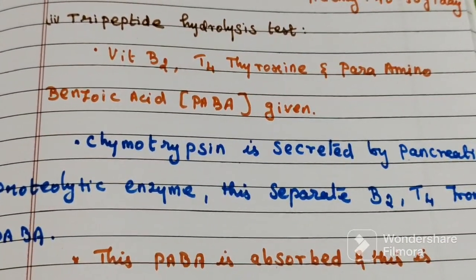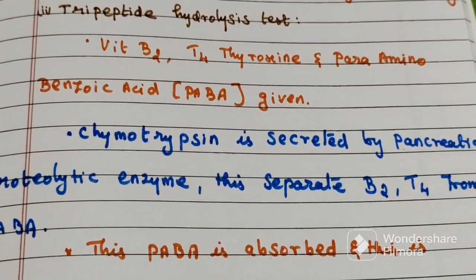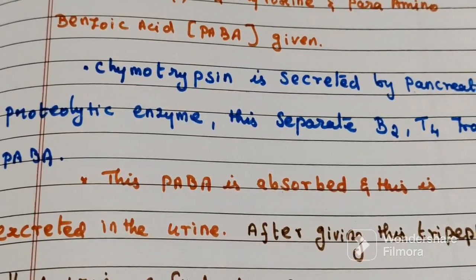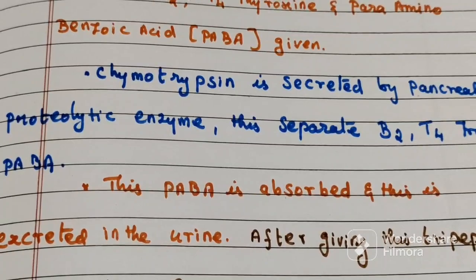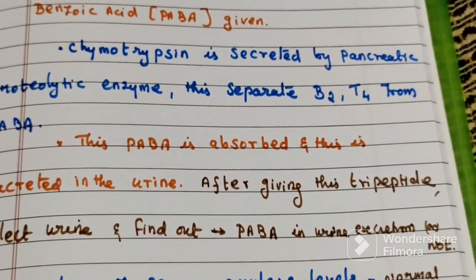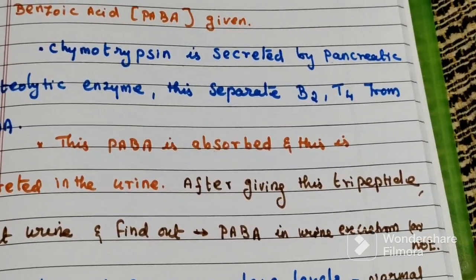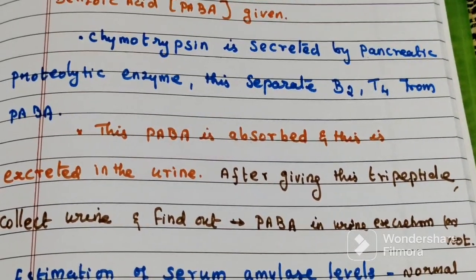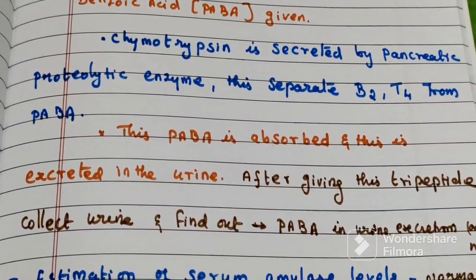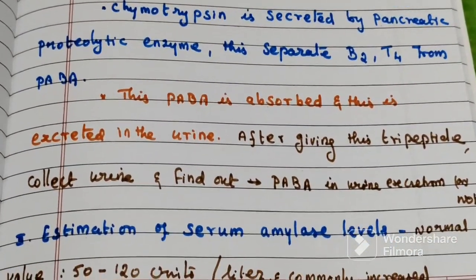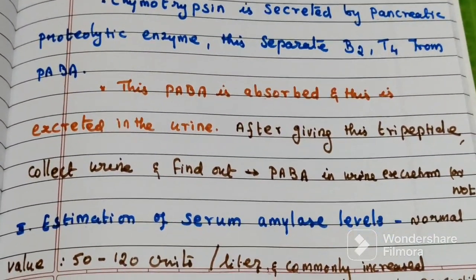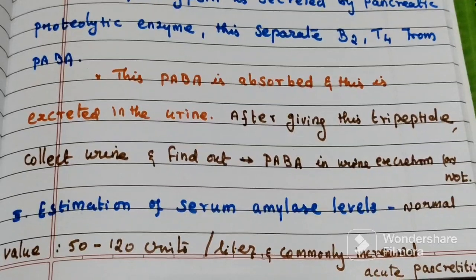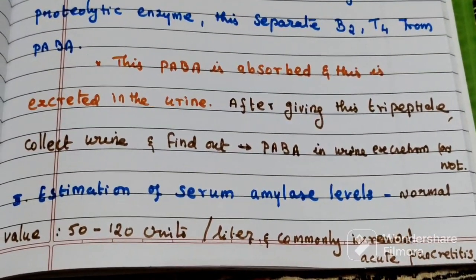The para-aminobenzoic acid is absorbed and excreted in the urine. After giving this tripeptide, we collect the urine sample and find out whether para-aminobenzoic acid is present. The activity of chymotrypsin is studied by urinary excretion of para-aminobenzoic acid.